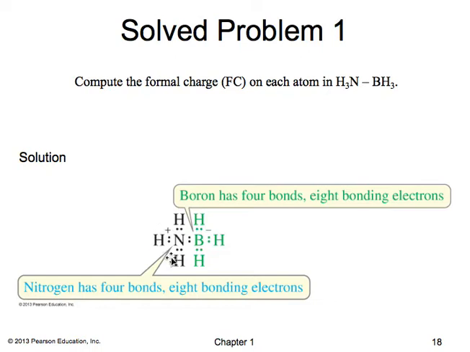Nitrogen has 4 bonds, 8 bonding electrons, so the formal charge here is going to be plus. Boron has 4 bonds, 8 bonding electrons, so the charge here is going to be minus. And so you should be able to determine the formal charges based on the equations and so forth.